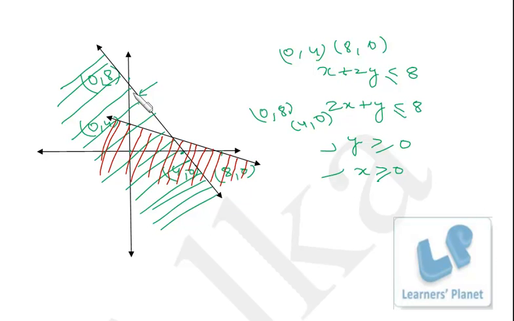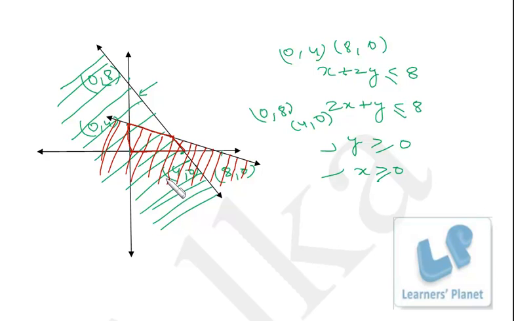And this is the region where y is greater than 0 and x is greater than 0. Now you can see the area in the first quadrant which has both green and red lines. So that is this area. You can see this area, which has green lines as well as red lines, and that is in the first quadrant.